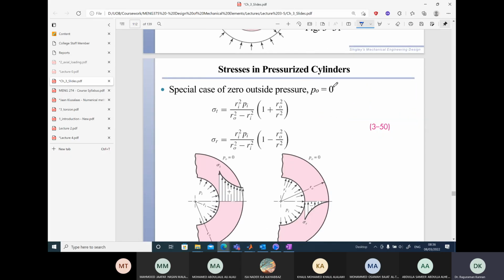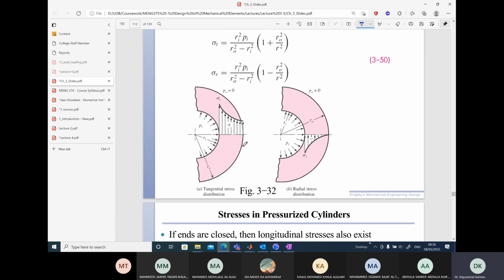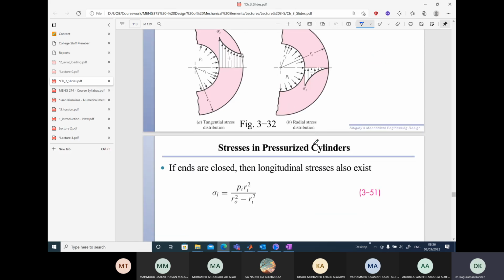Now if the outside pressure is 0, the formulas simplify again, and we can see how the stresses vary. Normal stresses: the sigma TT component, this is in the theta direction, and the stress in the RR direction. If the ends are closed, then the longitudinal stress is the sigma ZZ component.